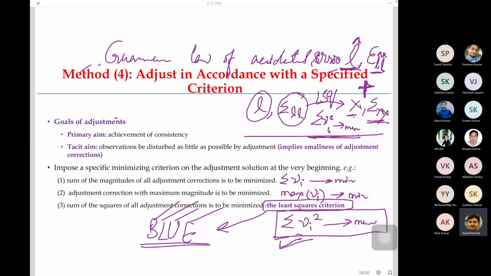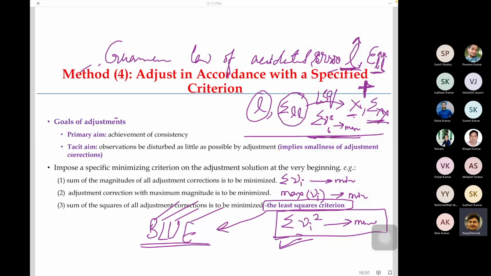So we were of this opinion after looking at that example of the triangle that we need to adjust according to a specified criterion. That criterion which we discussed needs to have a certain basis. The bases which we discussed are the three possible ones.